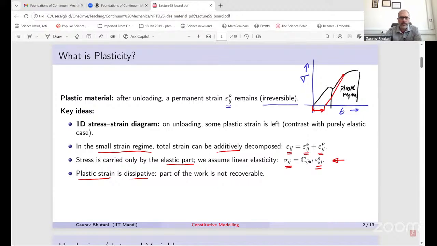In plasticity, we started the discussion with a plastic material, which basically allows you to store the strains.